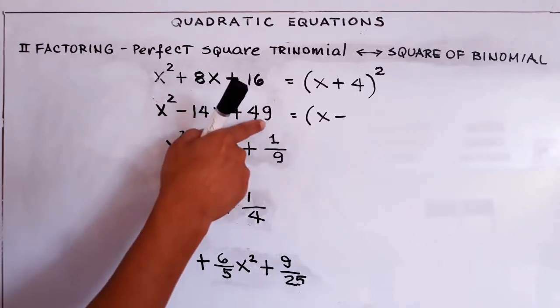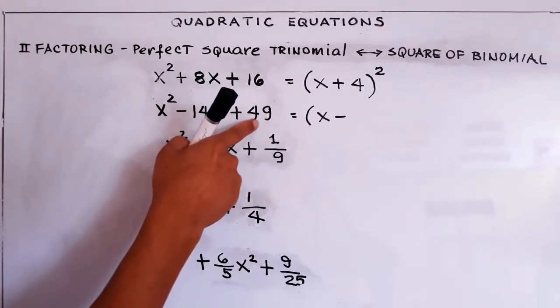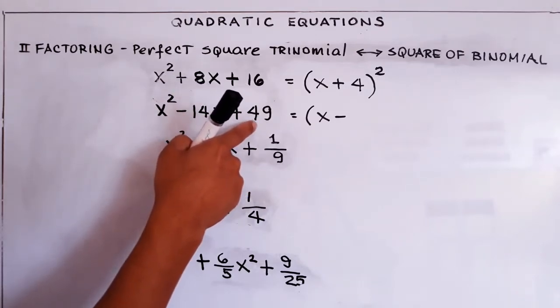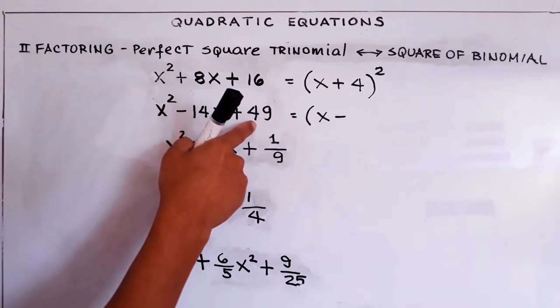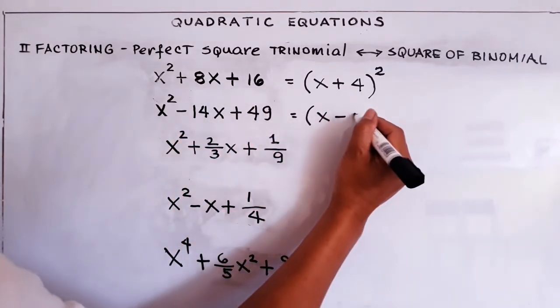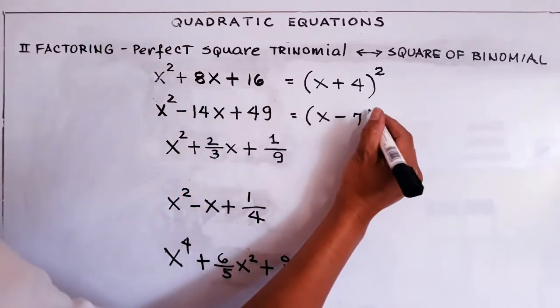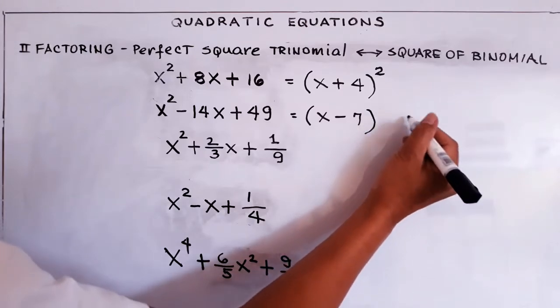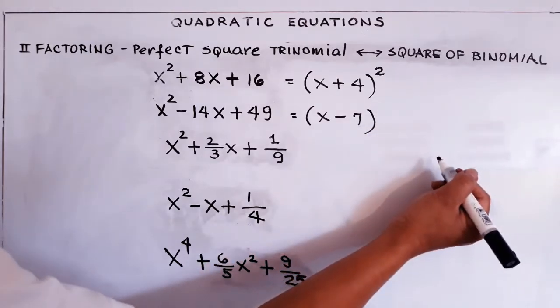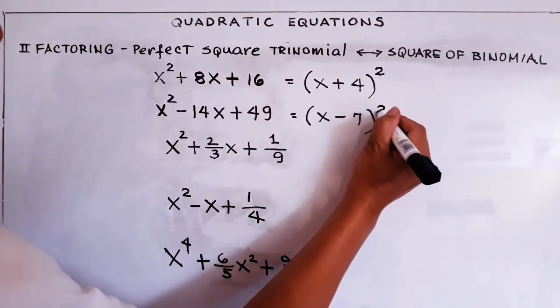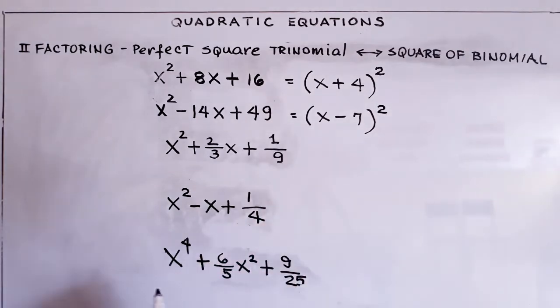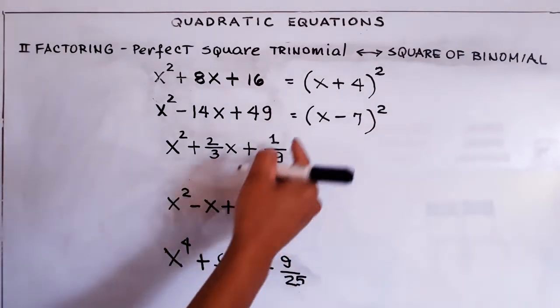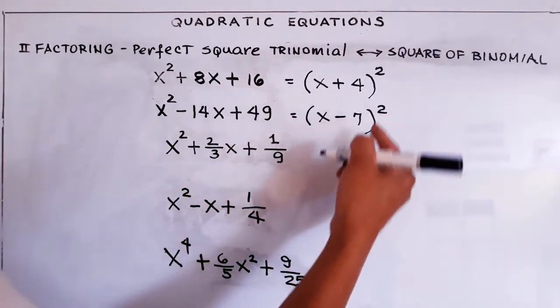Leave that 14. Proceed to the last term, 49. It should be a perfect square. So the square root of 49 is 7, so we have x minus 7 times x minus 7, because of the 2.